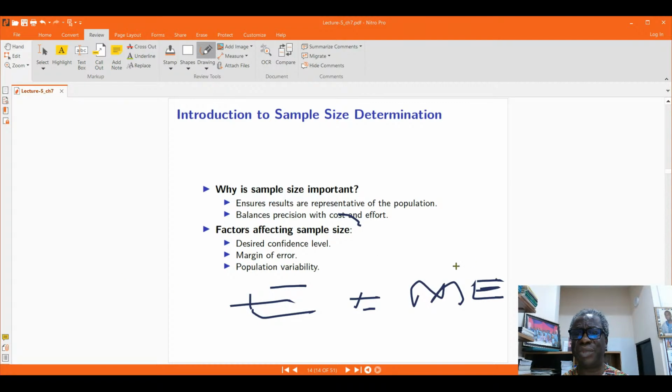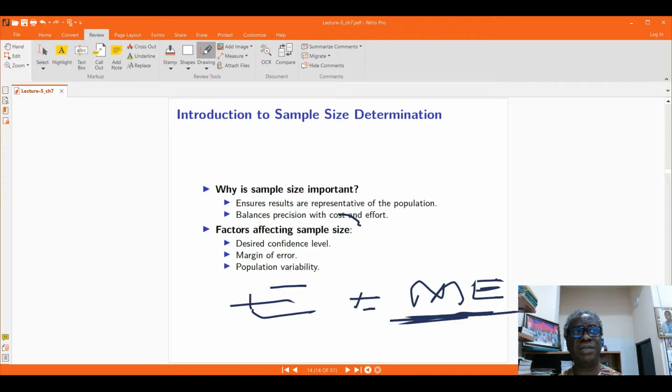So the margin of error determines the width of the confidence interval. So that also affects the sample size.